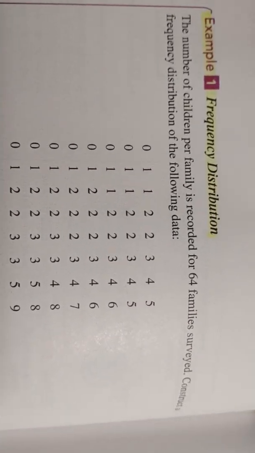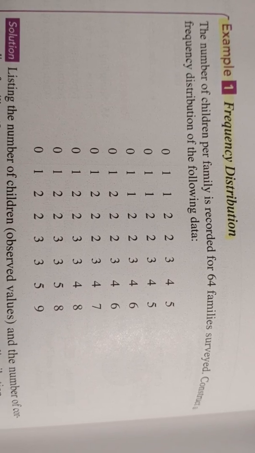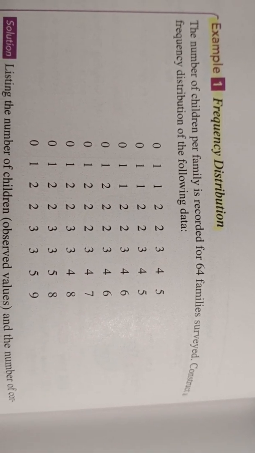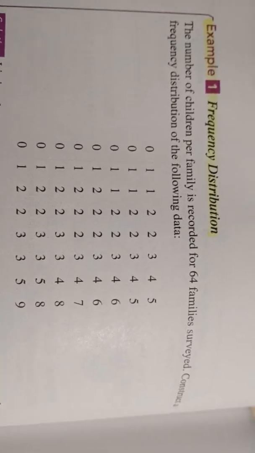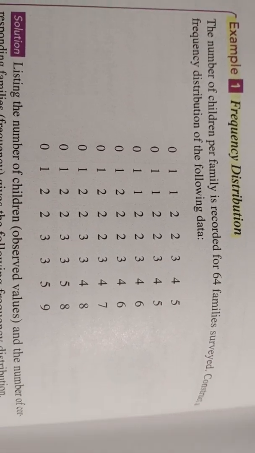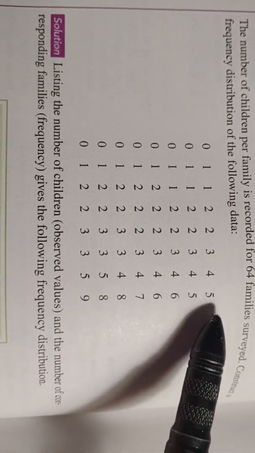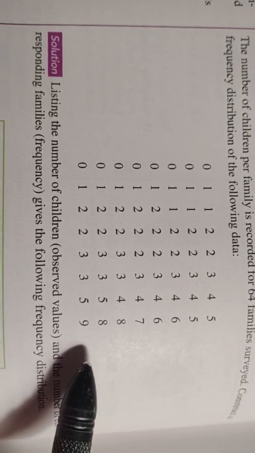So in example 1, it says the number of children per family is recorded for 64 families surveyed. Construct a frequency distribution of the following data. What we're going to do is count how many times 0 is there, how many times 1, how many times 2, 3, 4, 5, 6, 7, 8, and 9.